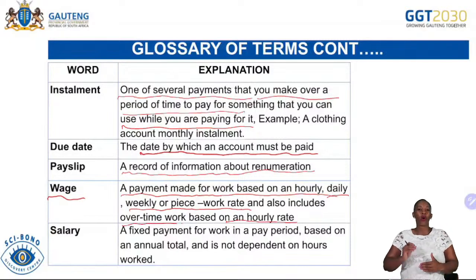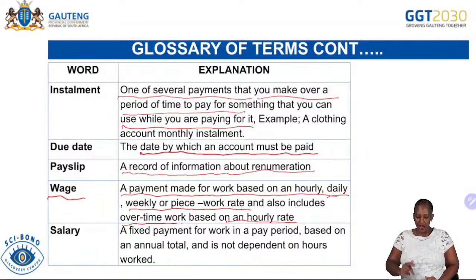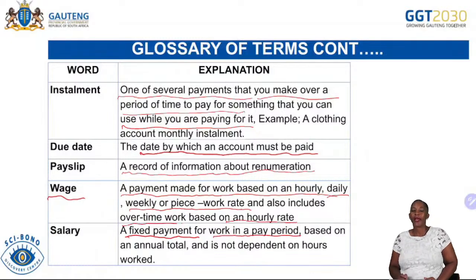And then when you go into a salary, you must see the difference. A wage, we said, is done on an hourly, weekly or daily basis, or for overtime. And then a salary is a fixed payment for work in a pay period. So with a salary, you don't get paid after you have done some work.